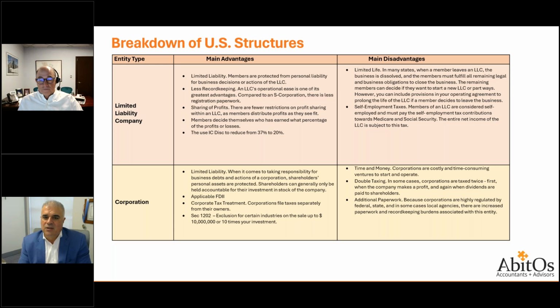So in the United States, the first one, and everybody's pretty typical on this, when they come to our office, they say, oh, I'd like to set up a limited liability company. And a limited liability company is a standard company that is established in the state of Florida. We recommend that you have an operating agreement.